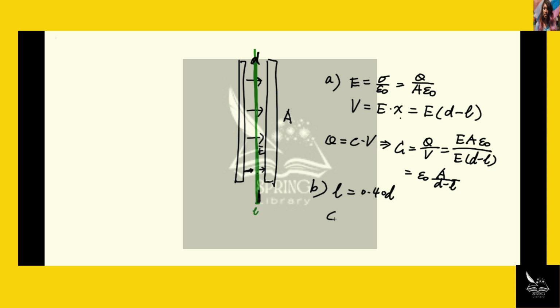So C equals epsilon times A over D minus L, which is 0.6 D. So this equals 1 over 0.6 times epsilon A over D. This is the original capacitance C naught. This is the factor we have after the sheet is inserted. So this equals 1.6 times C naught.